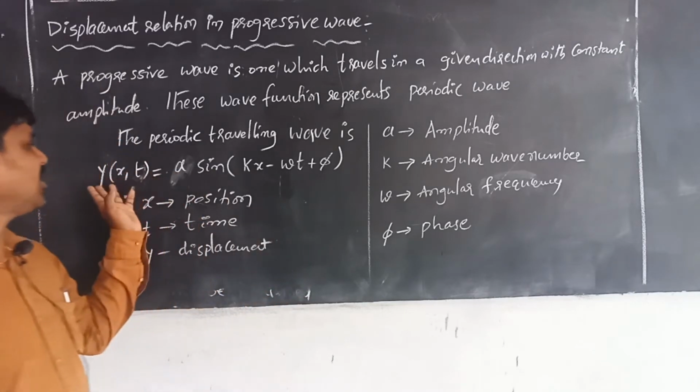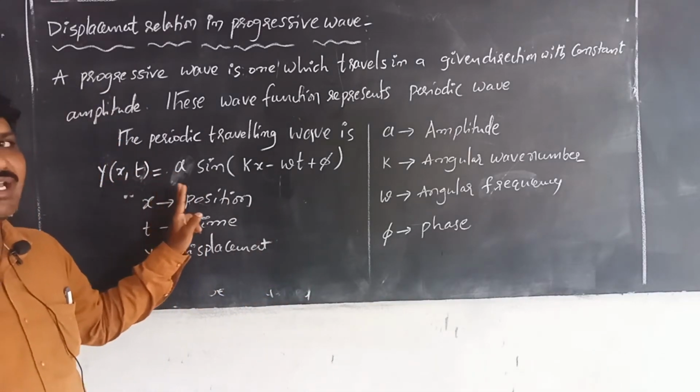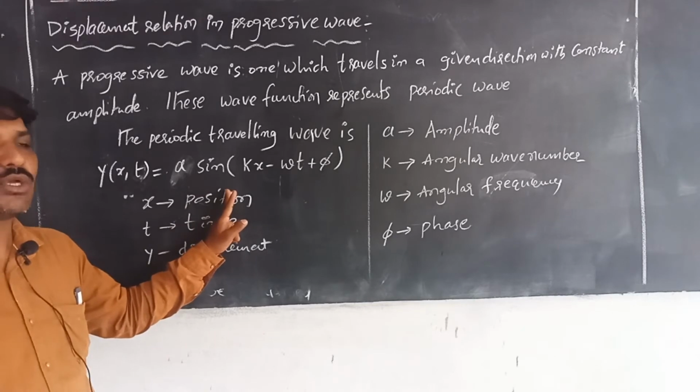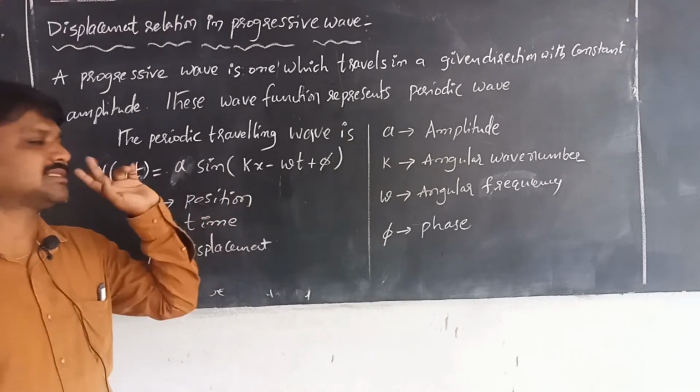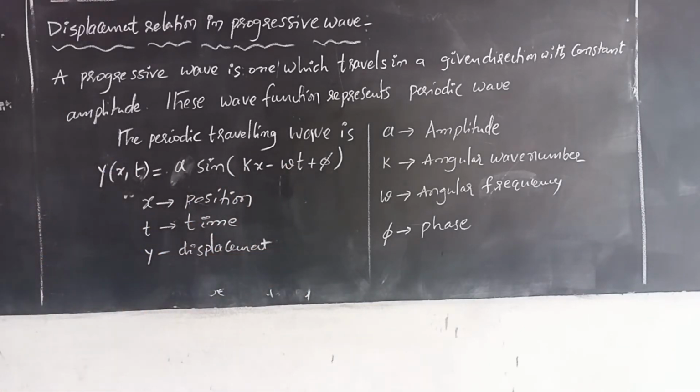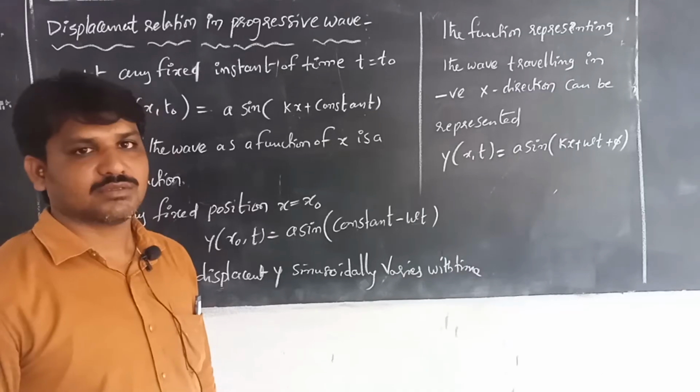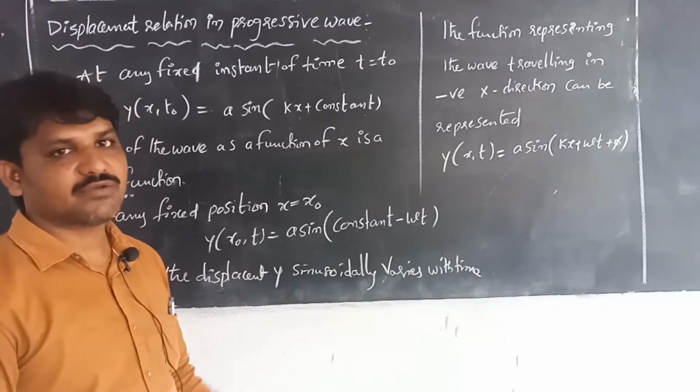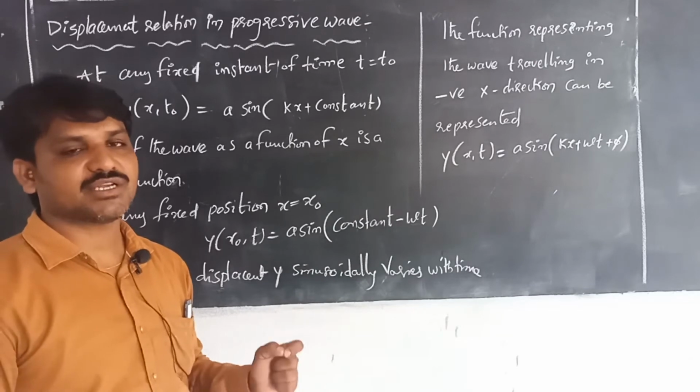So y(x,t) = a sin(kx − ωt + φ) is the displacement relation of a progressive wave.